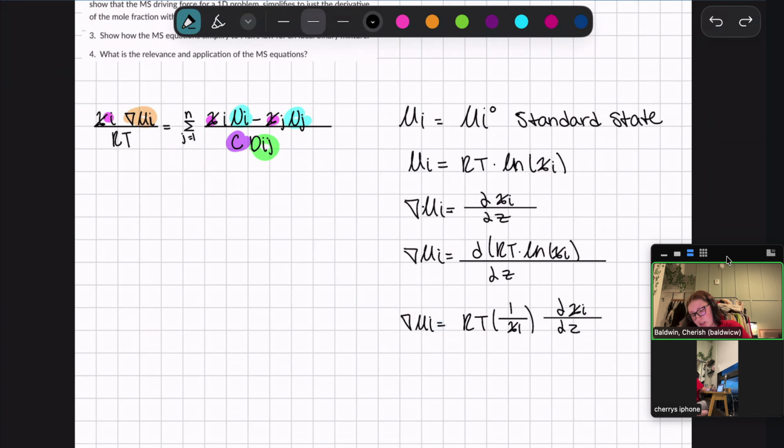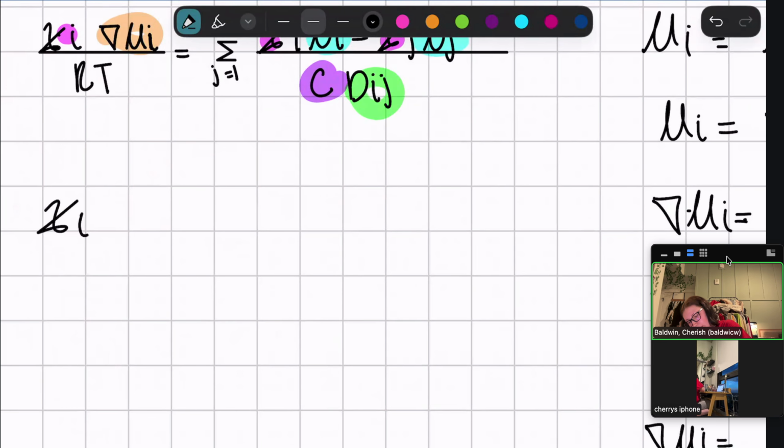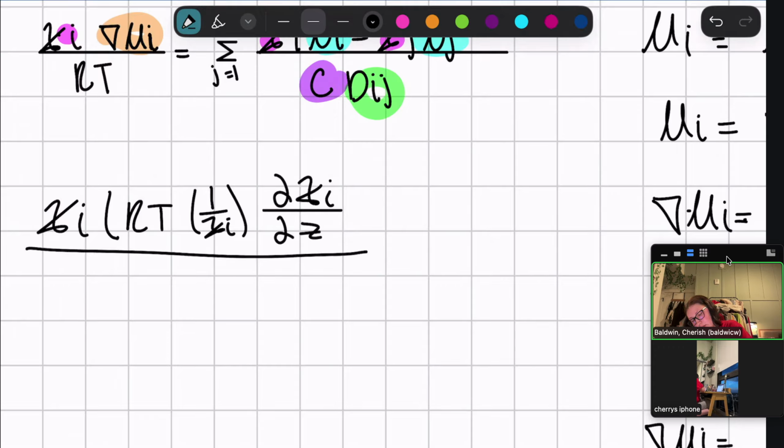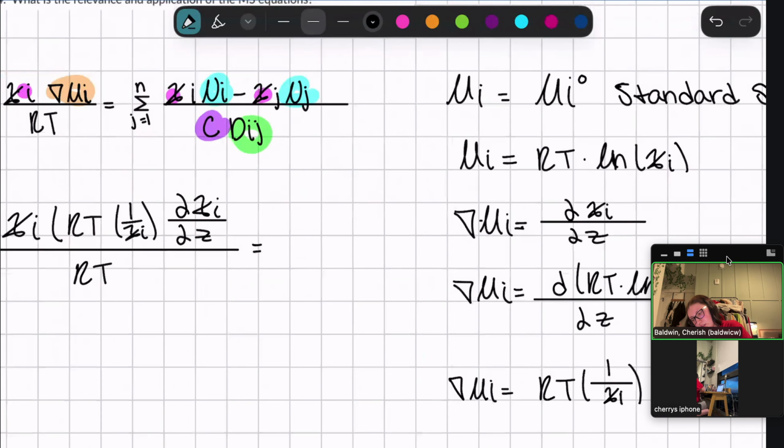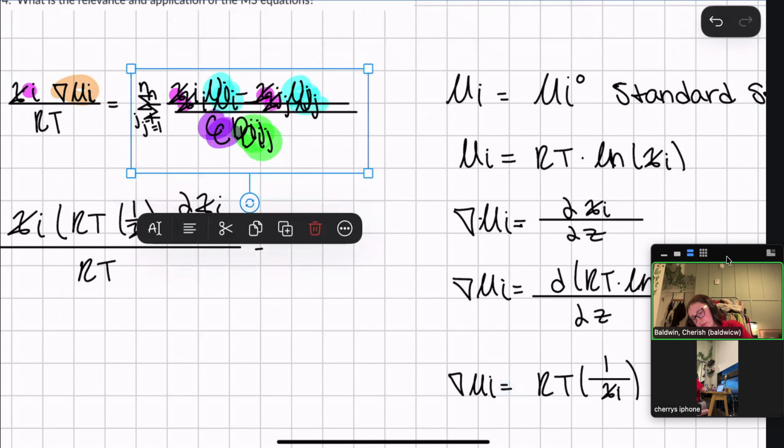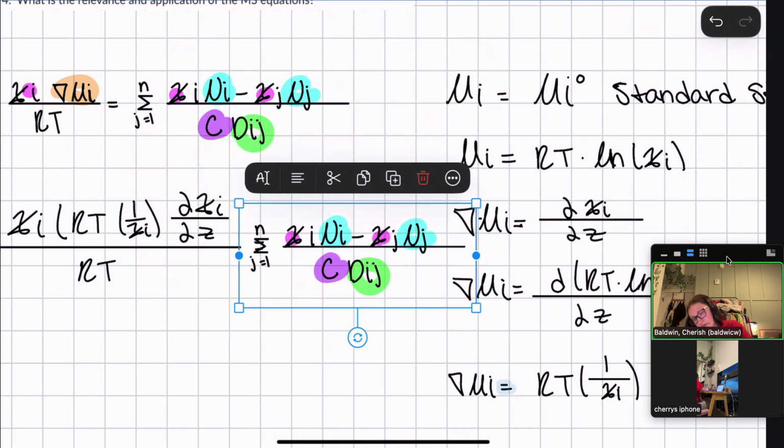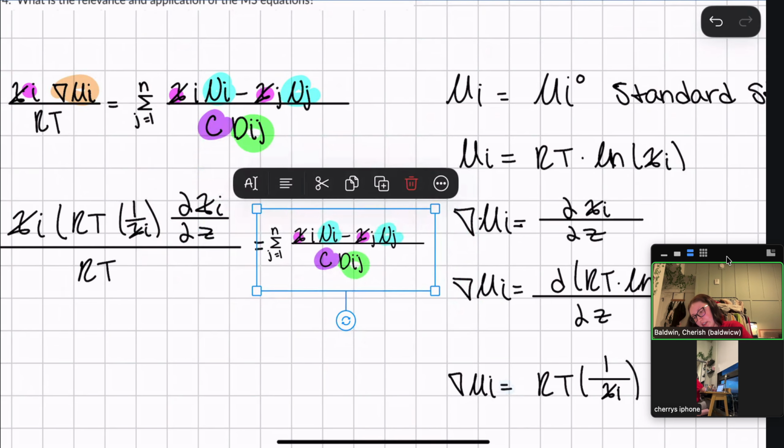So then that gives us xi RT 1/xi gradient of xi, the mole fraction over position, RT equal to that.